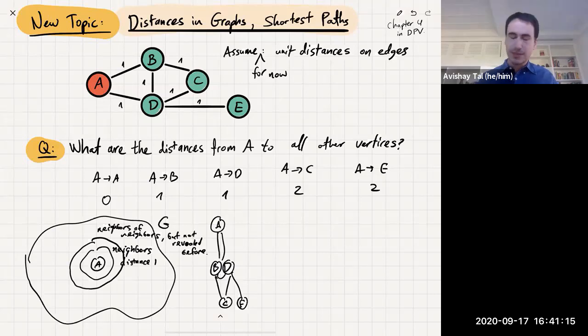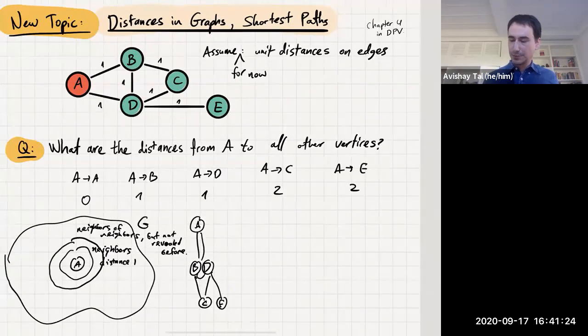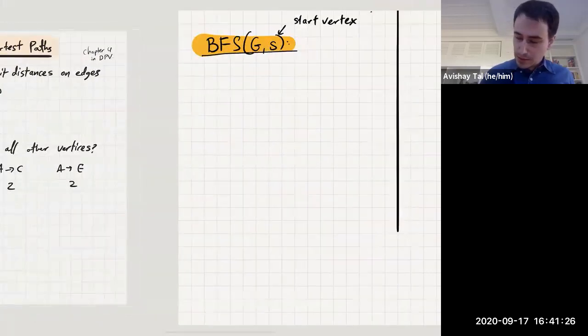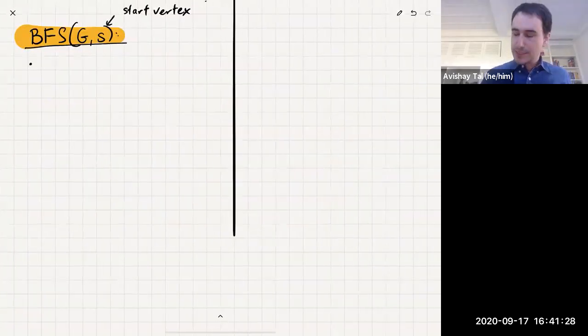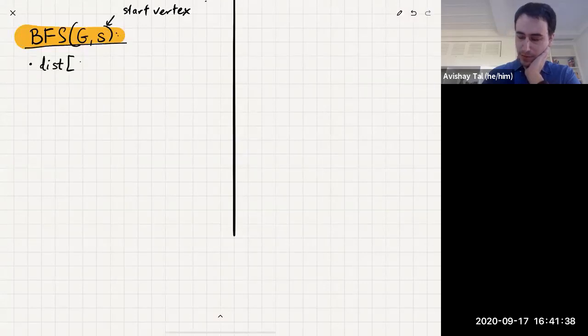Okay, so this gives us a very simple algorithm. I mean, sort of this procedure that I described actually gives the algorithm. So let's see how the algorithm looks like. So I want to compute all the distances from a starting vertex S. So I have an array of distances, and I start the distance of S to itself. This will be 0.